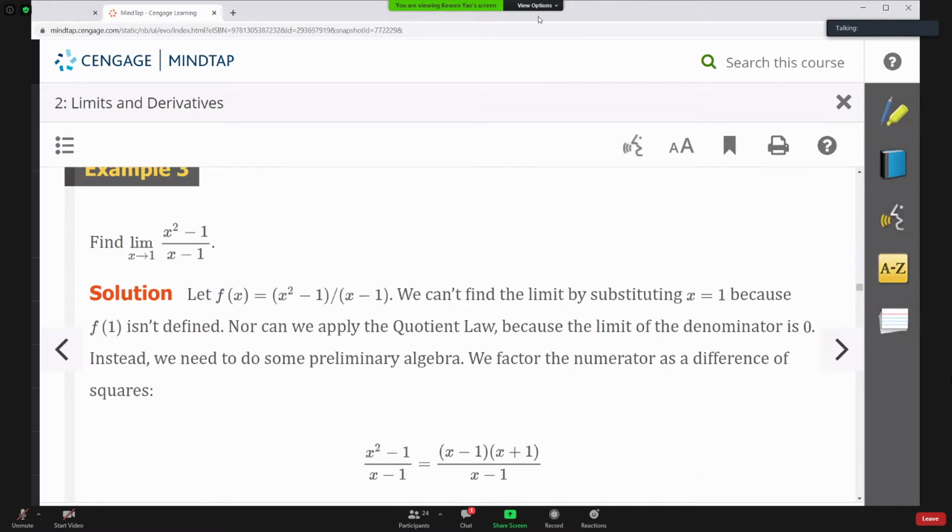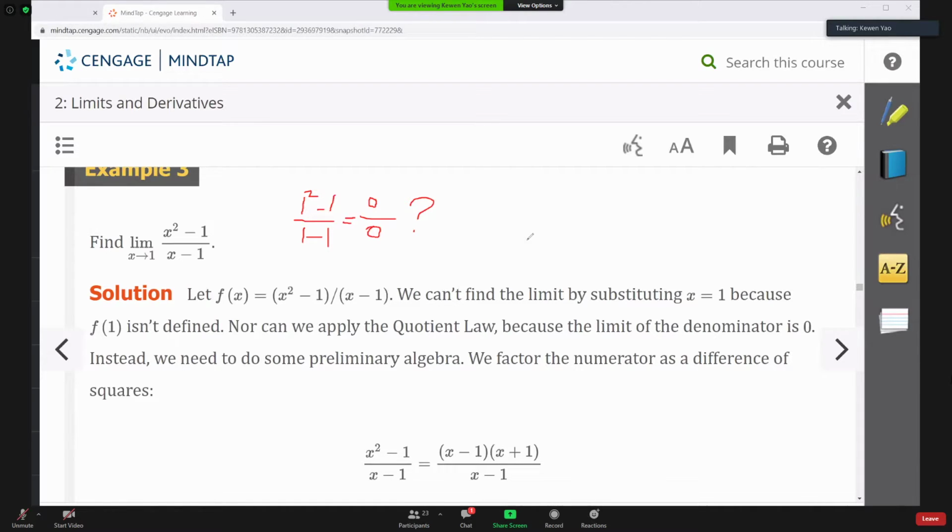Yes, very good. That's the key insight. Because x goes to 1, you put 1 inside and it becomes 0 over 0. But 0 over 0 does not make sense in mathematics, because the denominator is 0.